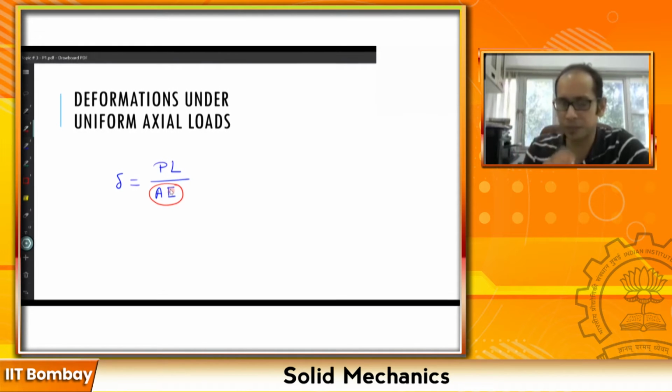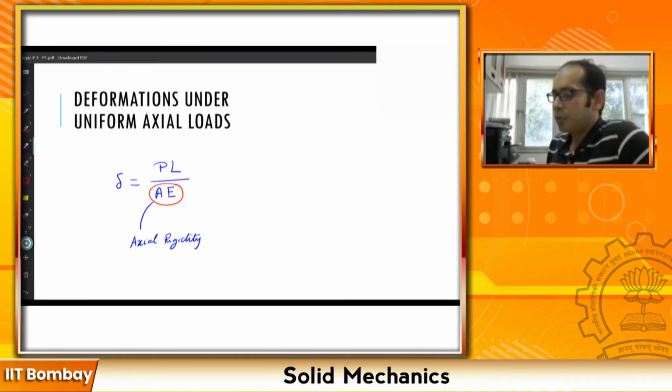Essentially, your deflection becomes lesser and lesser, right? So this particular guy over here, these are just terminologies, is known as axial rigidity, AE, right?